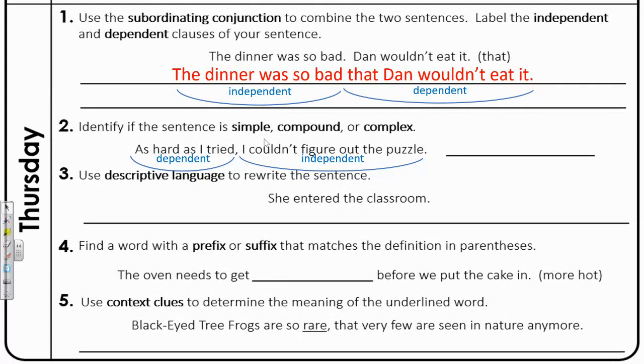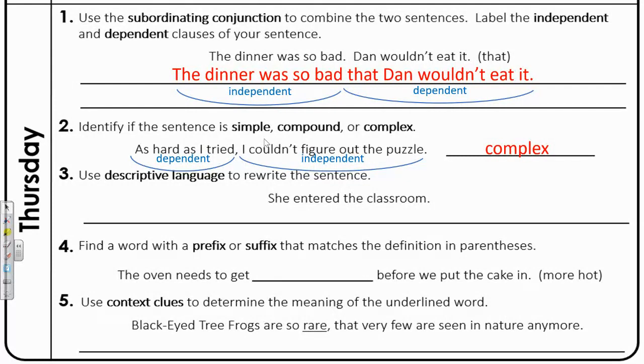And when you have a sentence that is mixed with a dependent and an independent clause, like number 1 is as well, number 1 and number 2, the sentences that we made, those are both complex sentences. Again, because they're mixed between an independent and a dependent clause combined. We're going to talk more about sentence types later on this year in third grade. So if you still think these ones are a little bit tricky, do not worry.